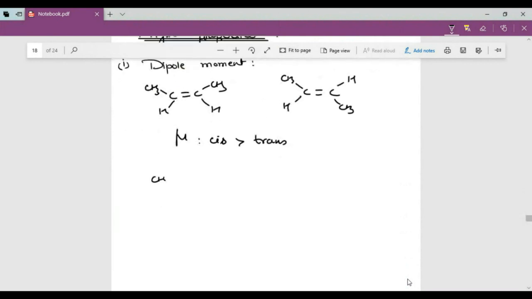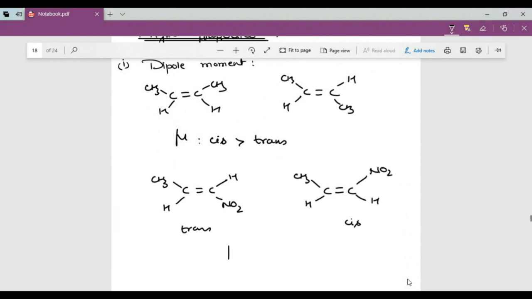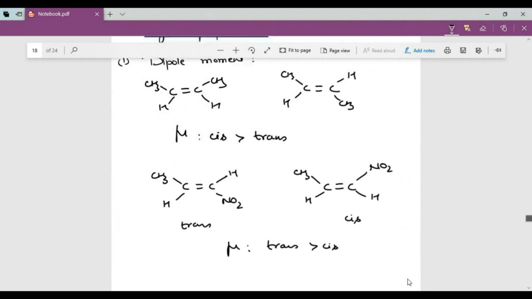There always has to be a clear vision of what groups are attached. For example, here, if I say cis and trans, then this is our trans, this is our cis, mu of trans is greater than cis. So there is no fixed rule, it depends on the groups present.